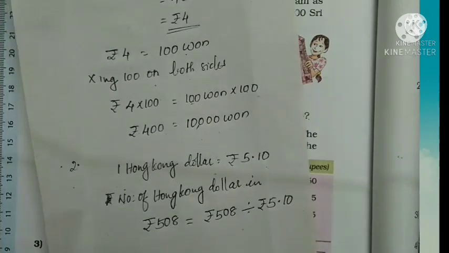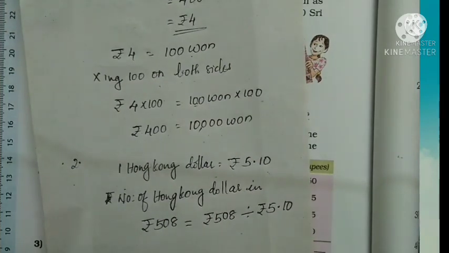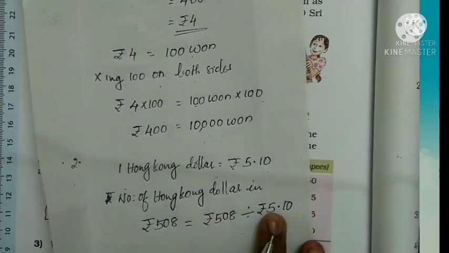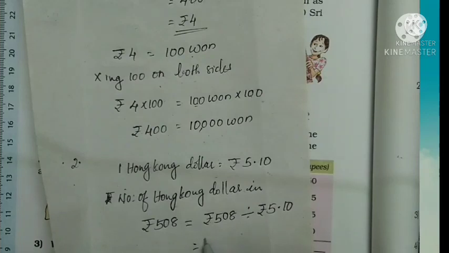In this calculation, we cannot easily divide. So, first we have to convert this rupees and this rupees into paise. So, here 508 rupees is equal to how much paise?